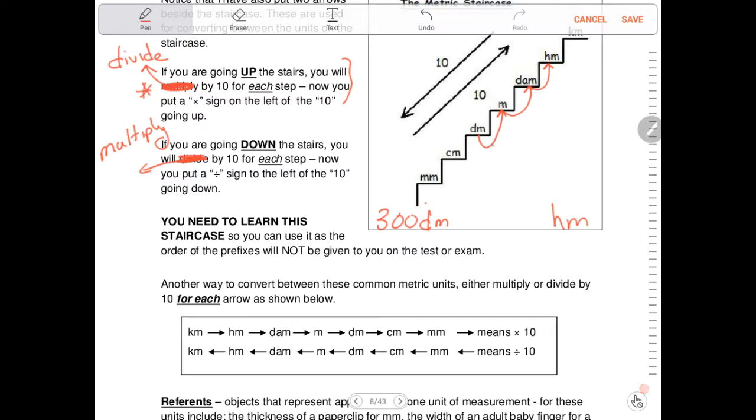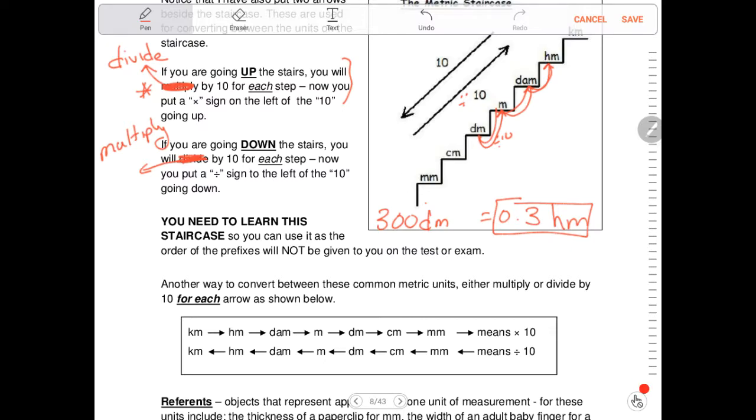So each of those steps you have to divide by 10 as you move up the table. So you would take 300 and divide it by 10, 1, 2, 3 times. So 300 divided by 10, divided by 10, divided by 10 gives you 0.3 hectometers. Okay? And you can go on and on with this over and over.